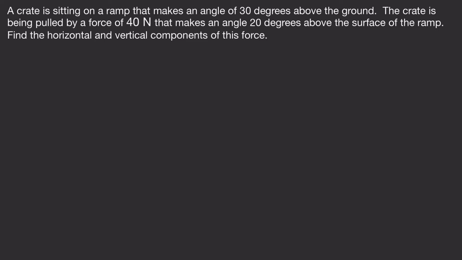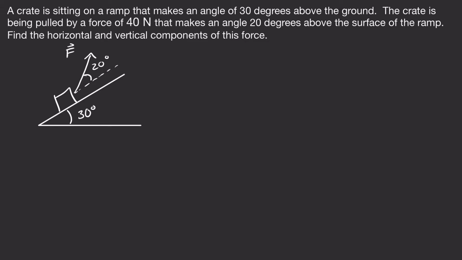So first, I'm going to draw a ramp, and this ramp makes an angle of 30 degrees with the ground. And we have our crate, and it is being pulled at an angle that is 20 degrees above the ramp surface. So this is our force.